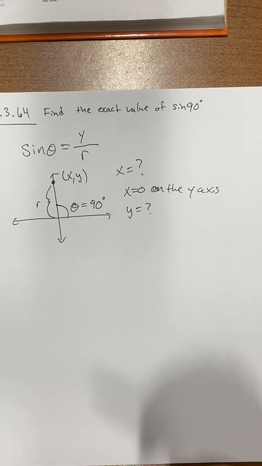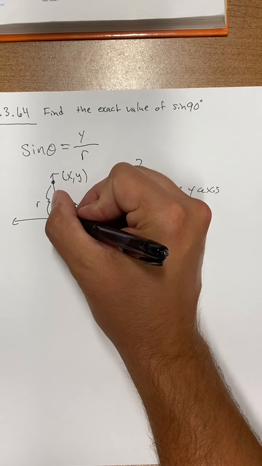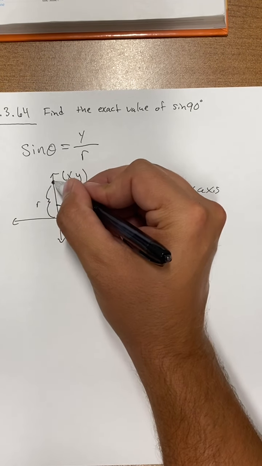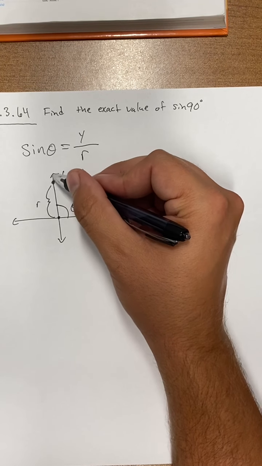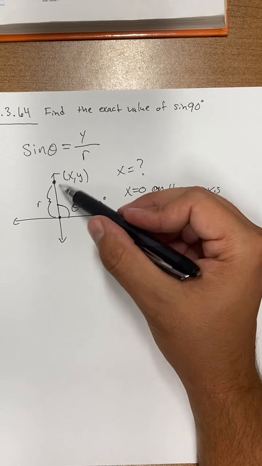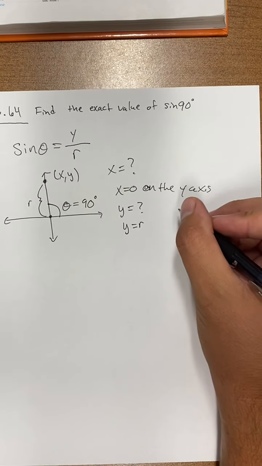Well, remember that we have x, y, and r. R is the radius, so the radius from 0, 0 to whatever point. It doesn't matter what point we are choosing, because for any point on the y-axis up here with a 90-degree angle, y and r are the same thing.